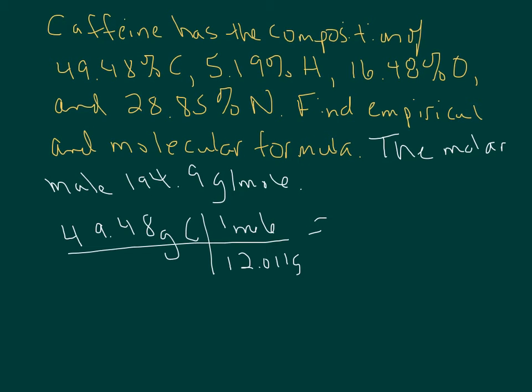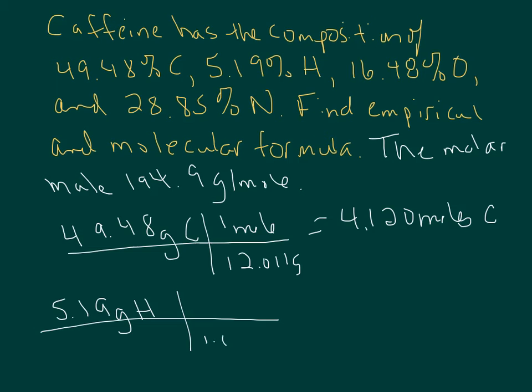And if you divide that out, you get 4.120 moles of carbon. We take the percent of hydrogen. The percent of hydrogen becomes grams of hydrogen. We divide it by the molar mass of hydrogen, and we find the moles of hydrogen, which is 5.15 moles of hydrogen.